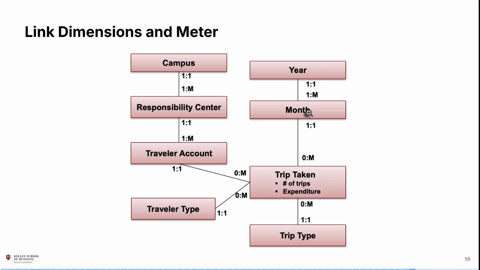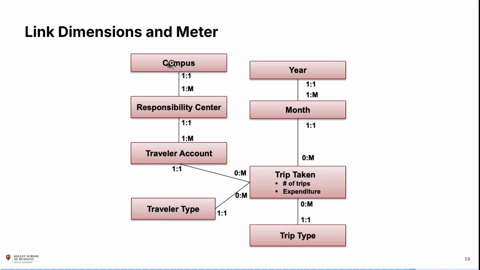So the time is a hierarchy dimension, which includes year and month, and we will always connect to the lowest hierarchy. In the time example, we connect to the months instead of connecting to the year. And similarly, we will connect to the organizational structure hierarchy.